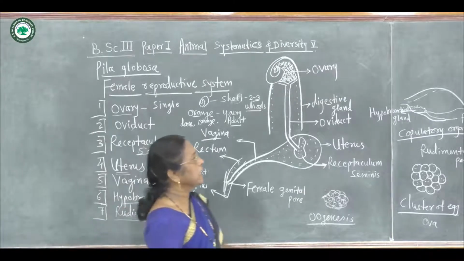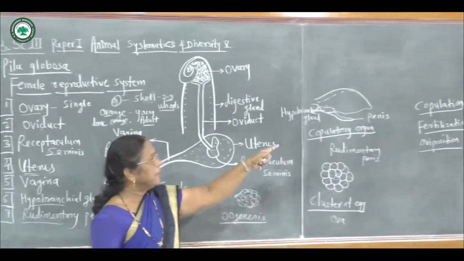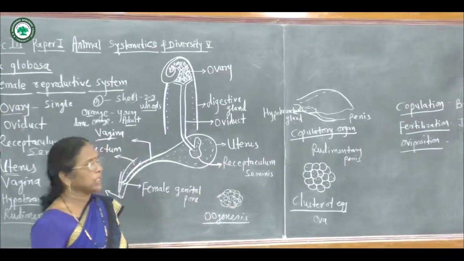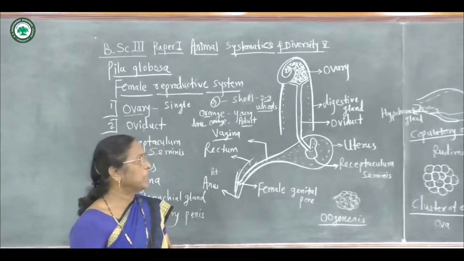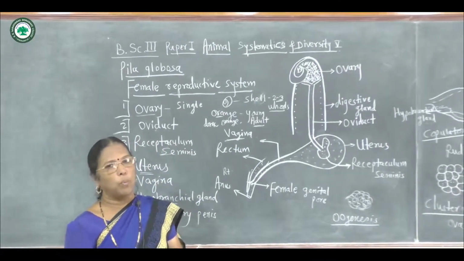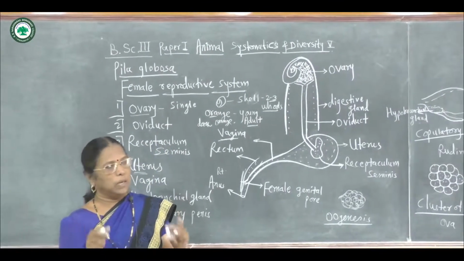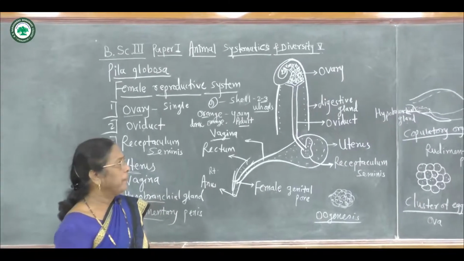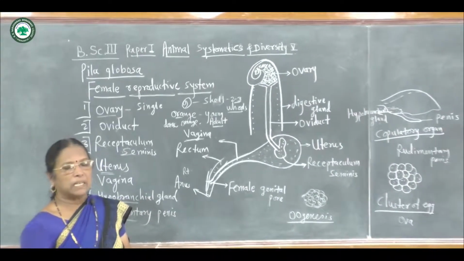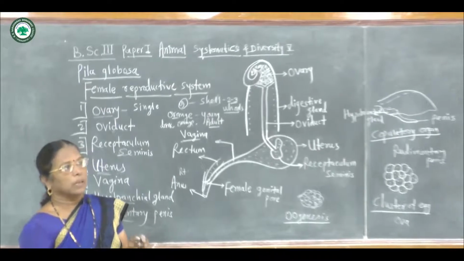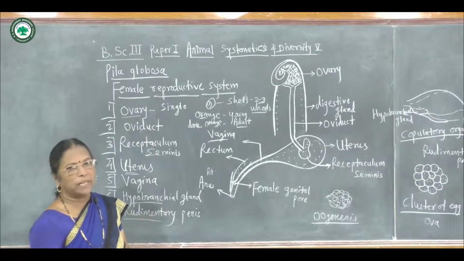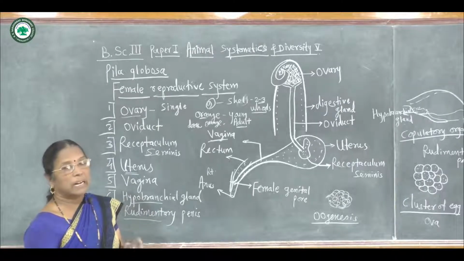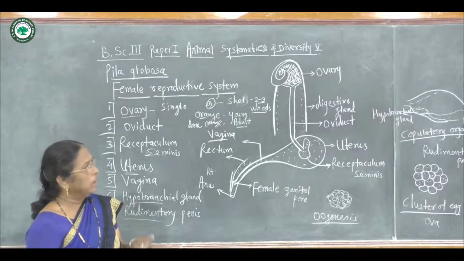Then we will see copulation, fertilization and oviposition. What is meant by copulation? Copulation means union of both the individuals, male and female. During the breeding season, or during the rainy season, both male and female Pila come together with their right nuchal lobe.